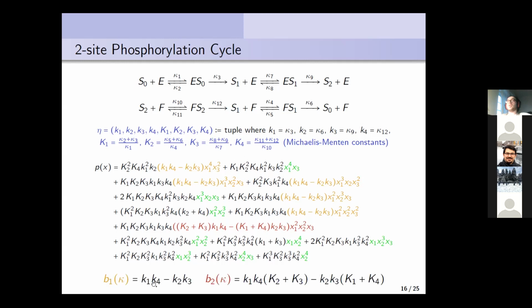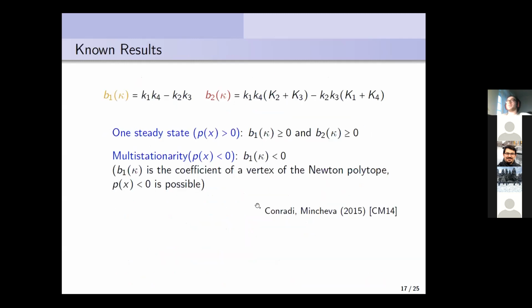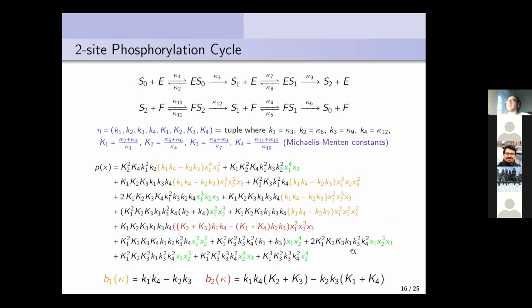I will call the ones that are always appearing B1, and the one that is appearing only once B2, for later use. And we know from previous results that we have only one steady state when B1 and B2 are positive. Of course, because this means that everything is positive in here, so your P is positive.